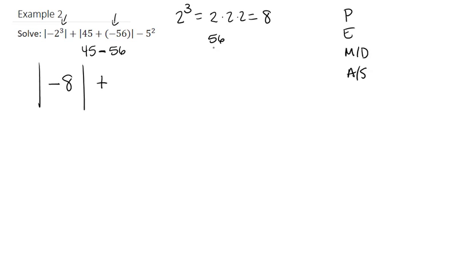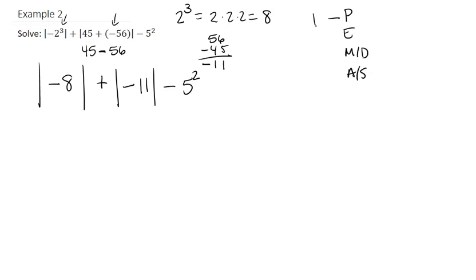So we can go 56 minus 45, as it's easier to work this way. So 6 minus 5 is 1, 5 minus 4 is 1. But this is negative because we take the sign of the larger number, which is the 56. So we write negative 11, and then we have minus 5 raised to the second power.